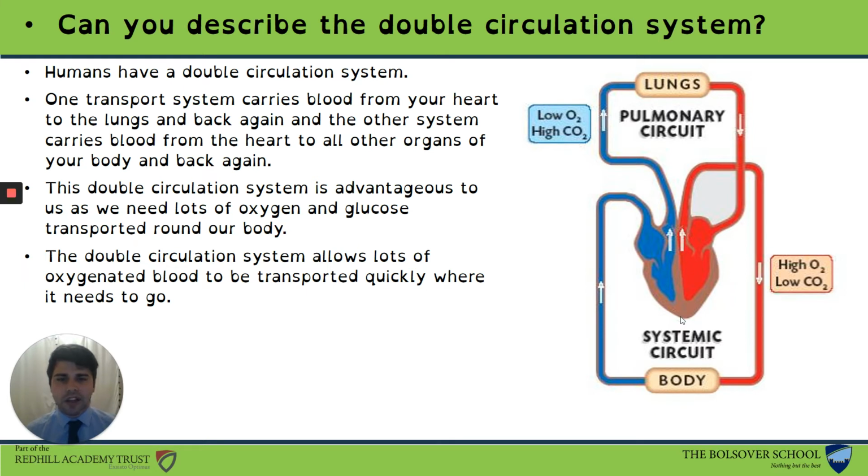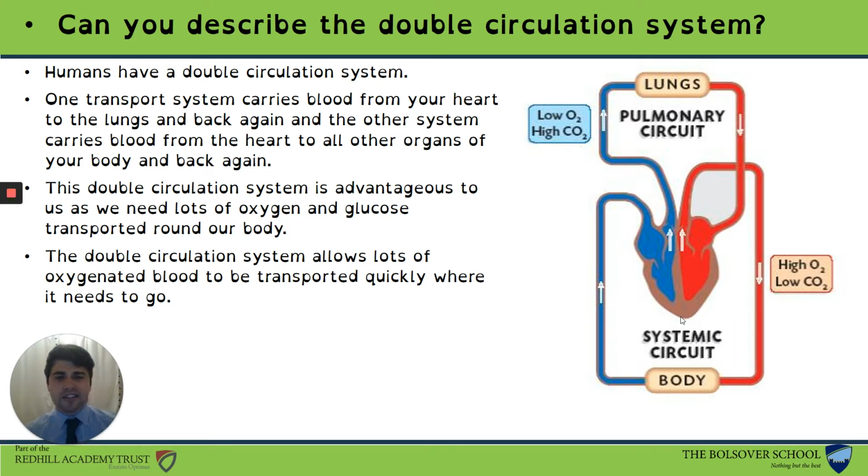So this double circulation system is really advantageous to us. And that is because it allows us to get lots and lots of oxygen and glucose around our body as quickly as possible. Okay, so you think about oxygen diffusing into the blood from the lungs. You've then got the heart pumping that oxygen around the body.